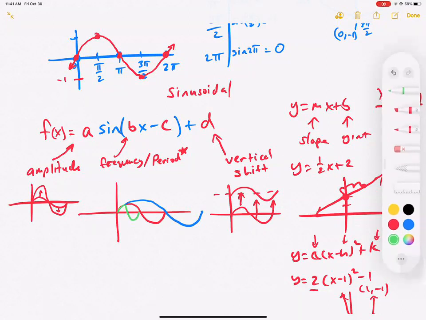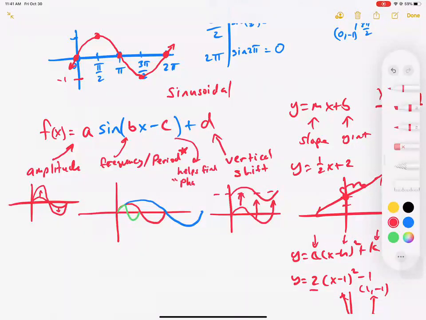And the last one we have is our C value. Our C value helps find the phase shift, and phase shift is us moving left and right. So this changes where the graph starts.